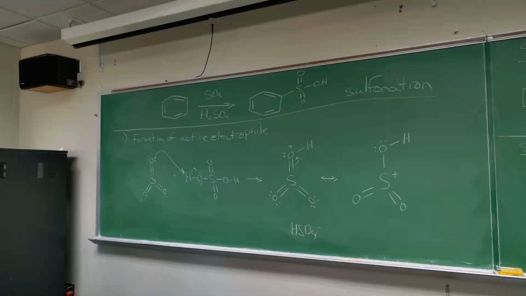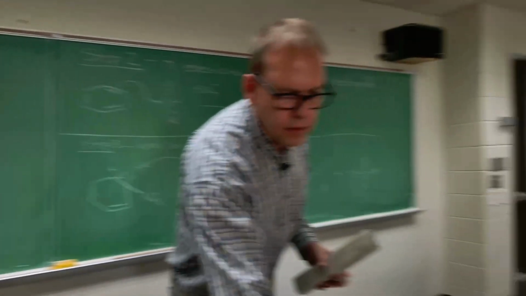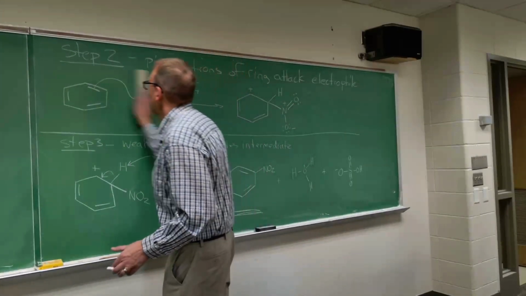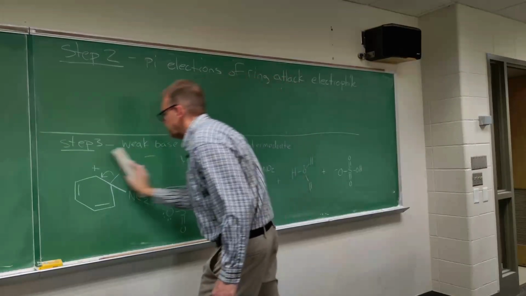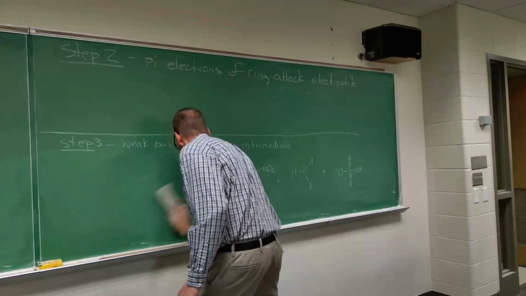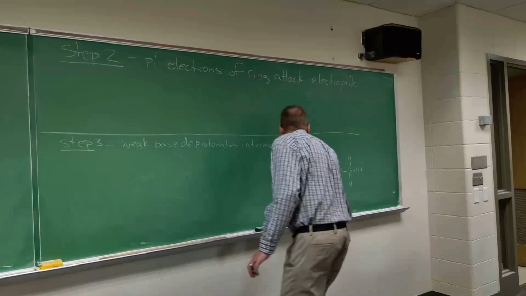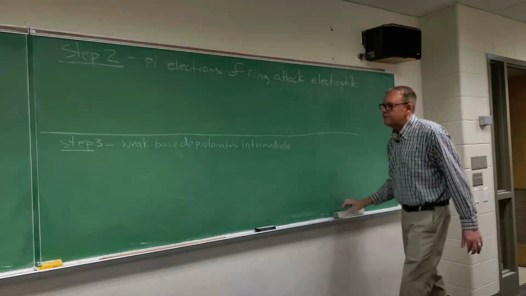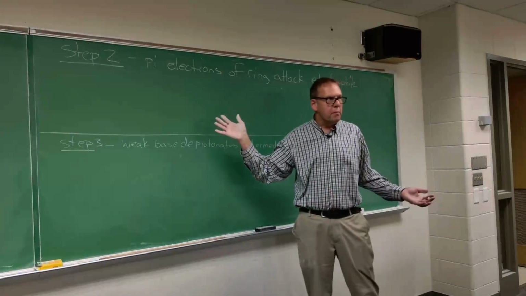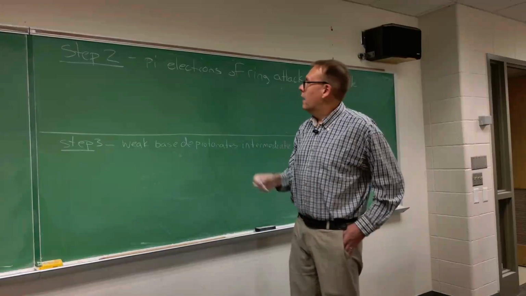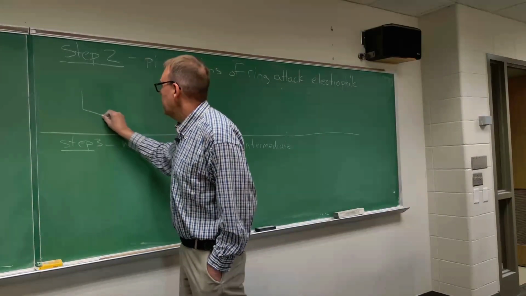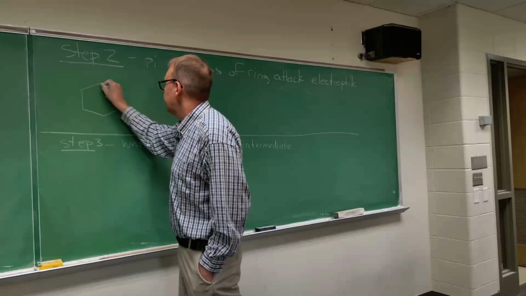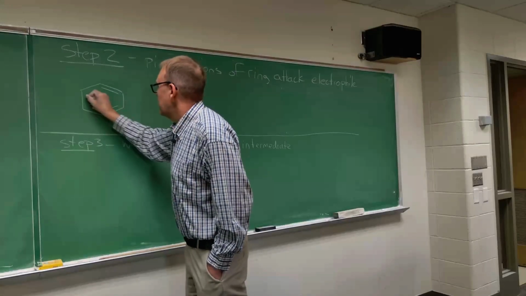All right, let's move over here, talk about step 2. I will erase the particulars, but I'm going to leave these headers because they're the same. We've got pi electrons of the ring attack the electrophile. So I'm going to draw the ring. I'll redraw the electrophile over here, and we'll get some arrows moving.